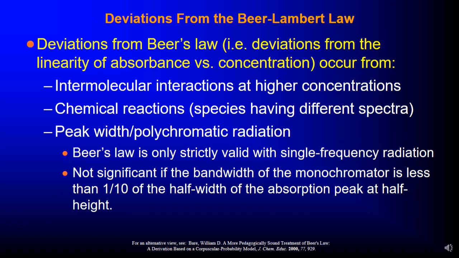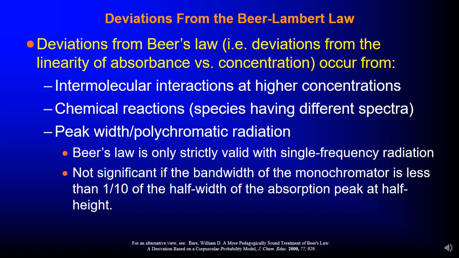But of course there is deviation. We know that when our sample is very much concentrated, it starts to deviate from Beer-Lambert's law. So intermolecular interaction at higher concentrations, chemical reactions, species having different spectra, and peak width versus polychromatic radiation, all those lead to deviation from Beer-Lambert's law.